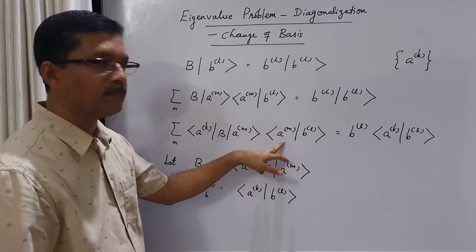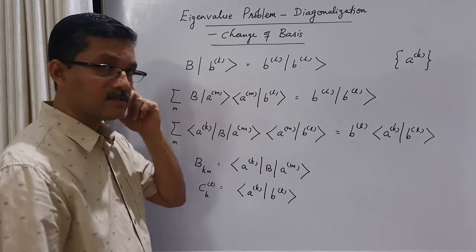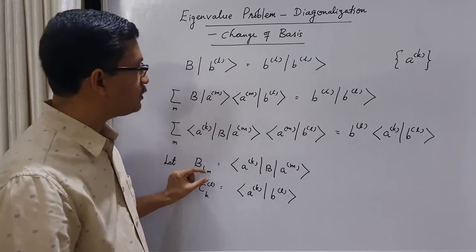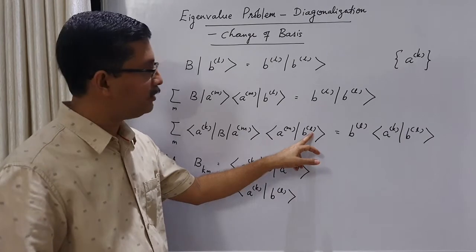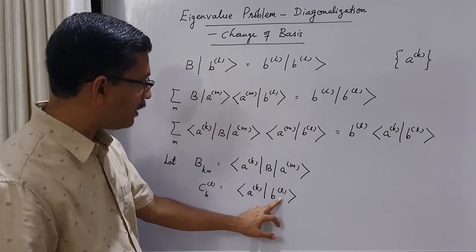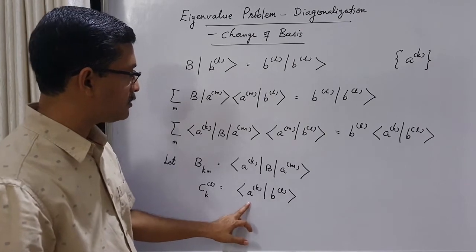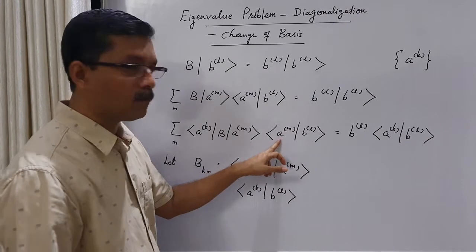Instead of K we have M, that's all. Components of eigenkets of B in the old basis. This L we have written as a superscript because it stands for the Lth eigenket. So we can say C_K^L is the components of the Lth eigenket of B in the old basis. Naturally, this is C_M^L, components of the Lth eigenket of B in the old basis.